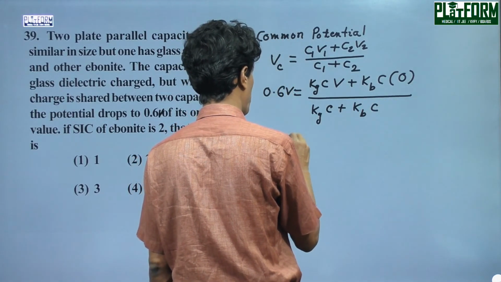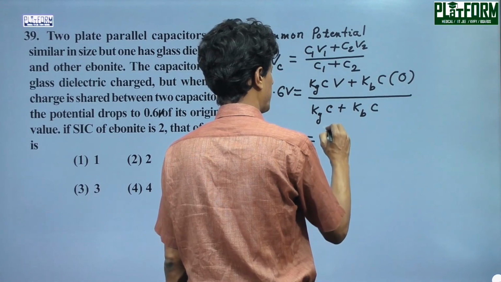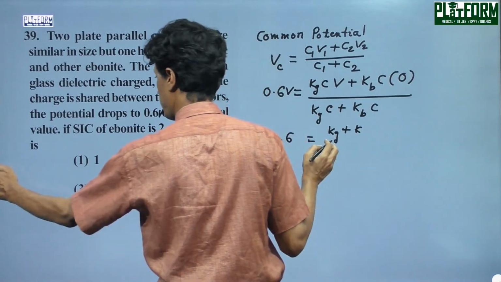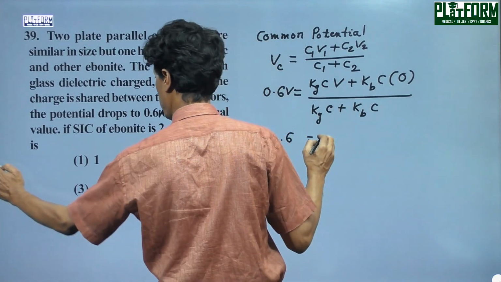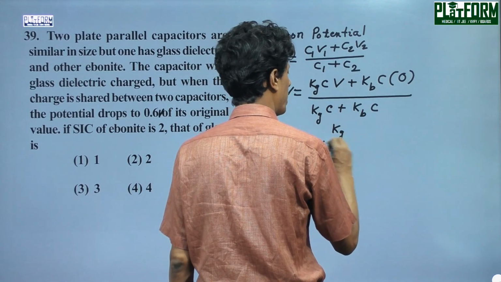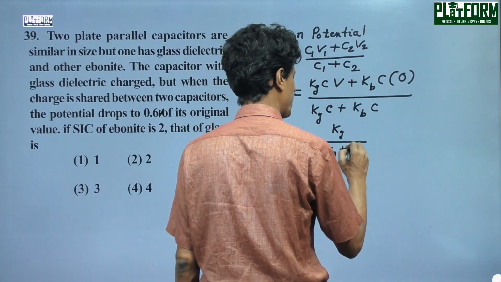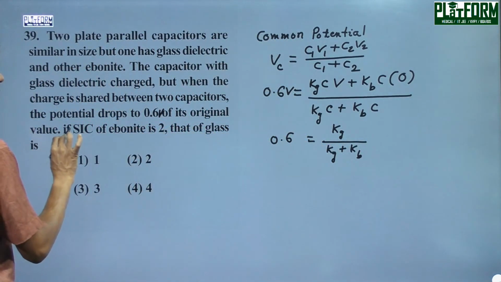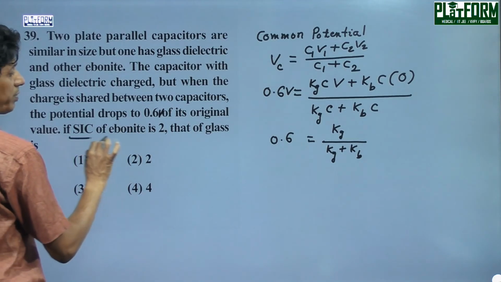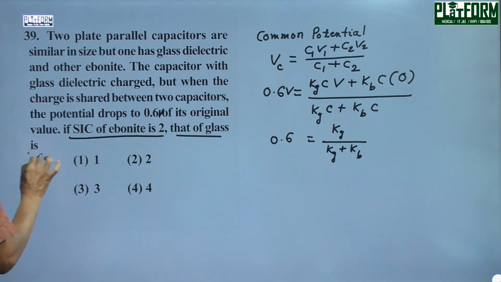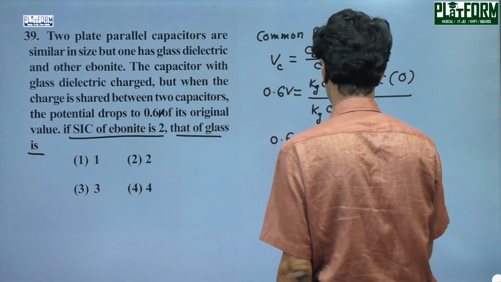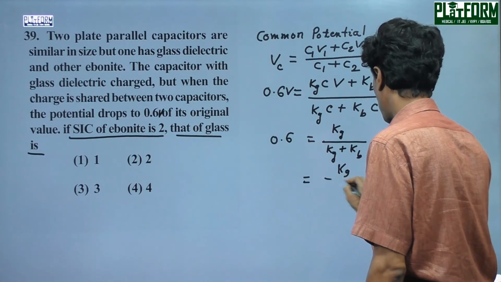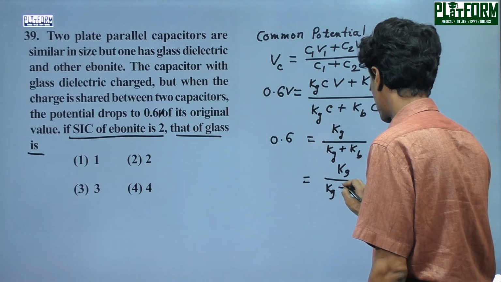So simply it is 0.6 equals Kg by Kg plus Kb. Here we have to find out the original value. The dielectric constant of ebonite is 2, that of glass is Kg. So we have to find out the dielectric constant for glass Kg, and it is Kg plus 2.